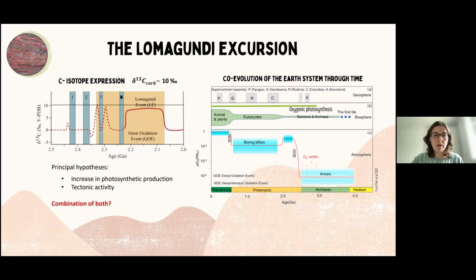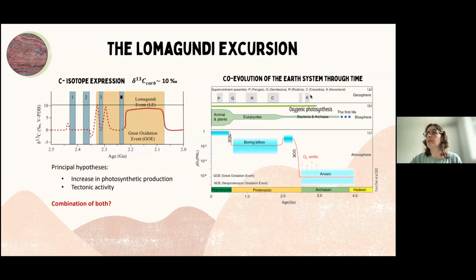The first one suggests that it was driven by an increase in photosynthetic productivity. As I said, an increase in photosynthetic productivity means that there is more organic material in the ocean, and ultimately this organic material will be buried and preserved in the sediments. The second one says that it could be triggered by tectonic activity.